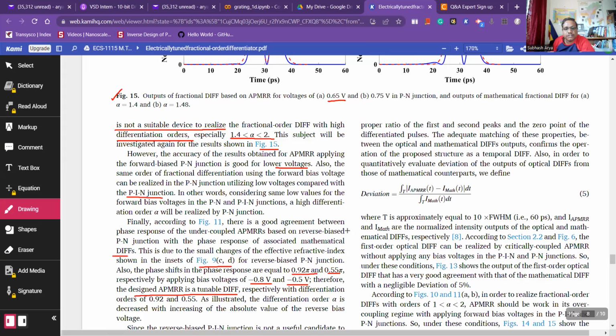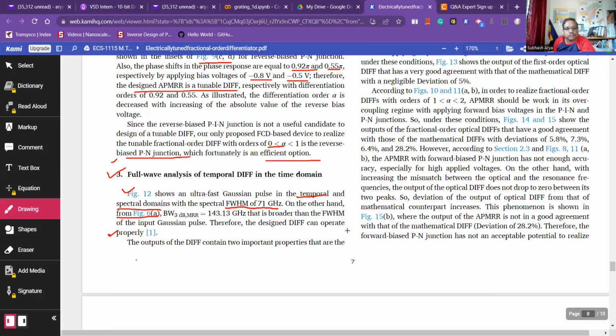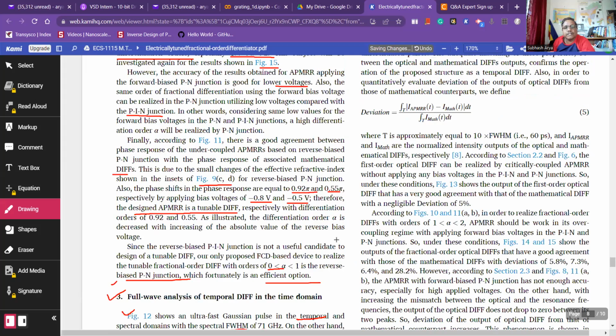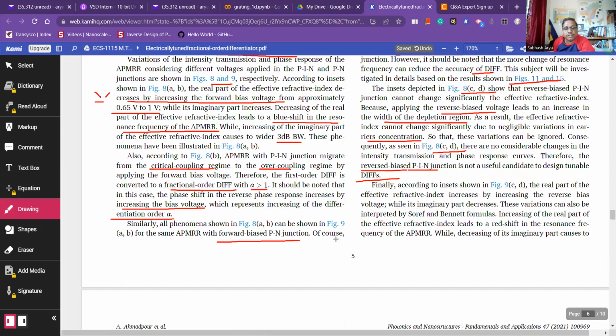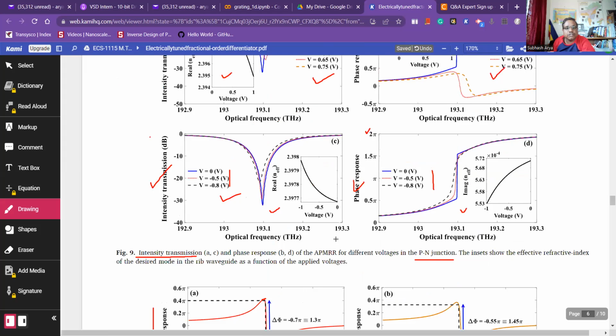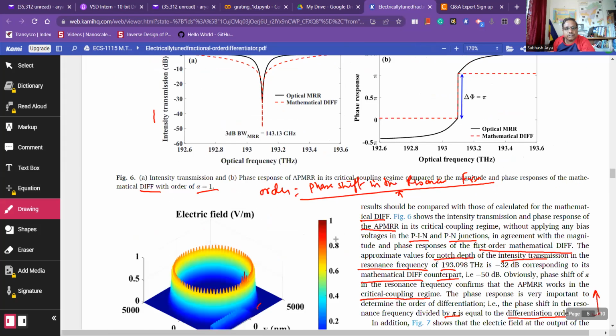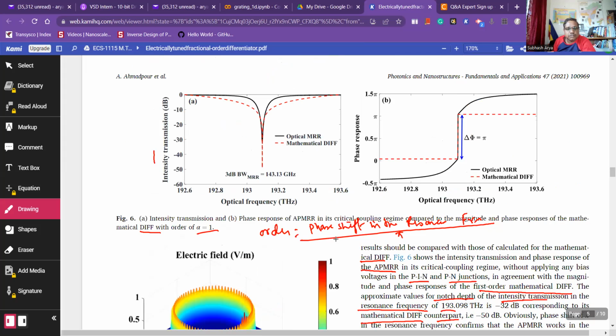Now go to this. So, figure 6a, 143 point. Let us revise this also. Figure 6a, the bandwidth of the FRR. B is the phase response, this is the intensity response. And here we can see the 3 dB bandwidth of this one is 143.13.